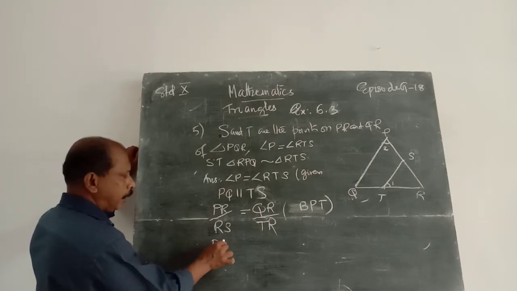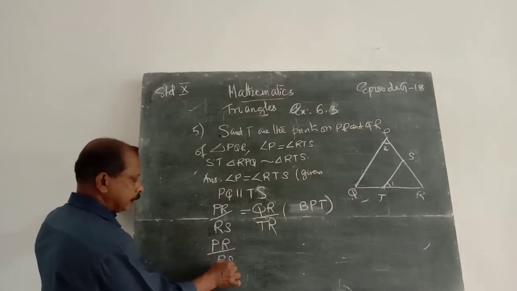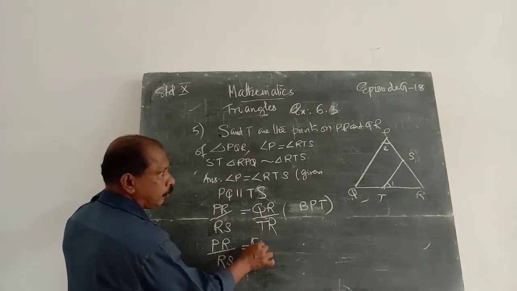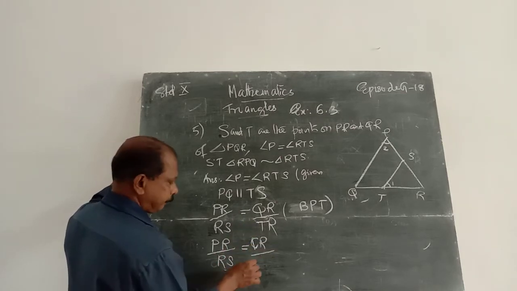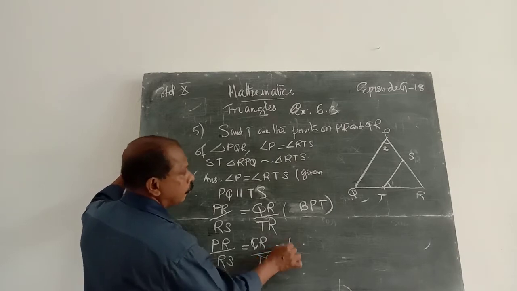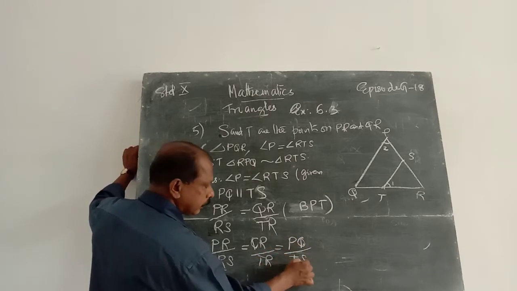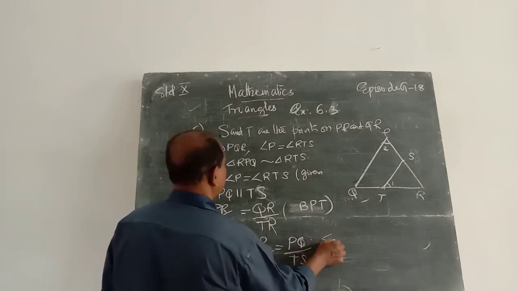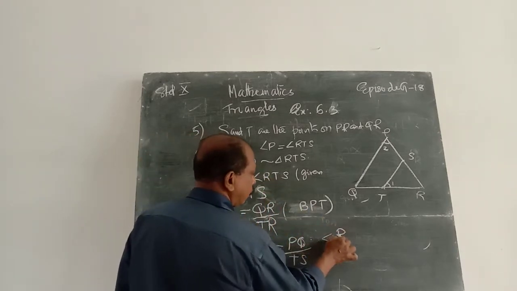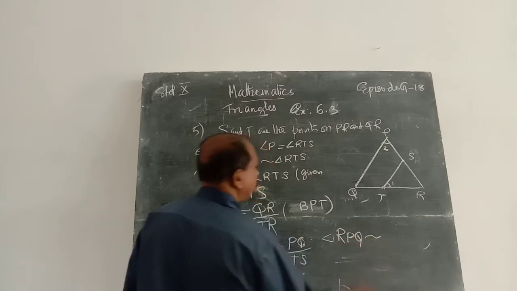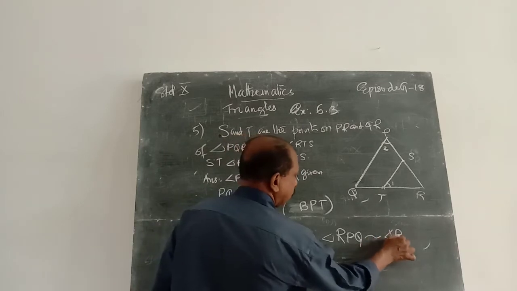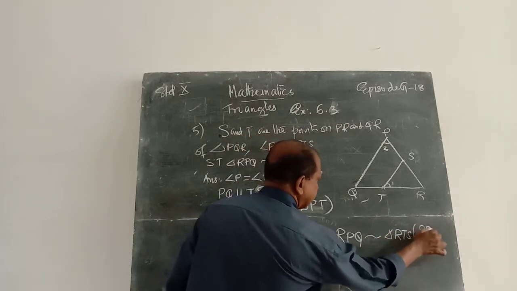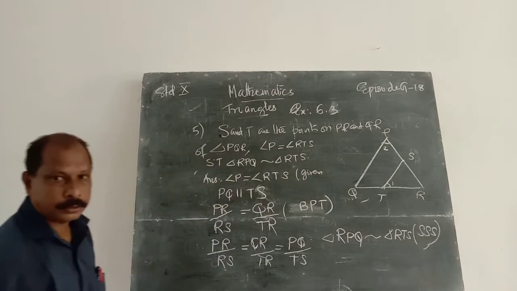Therefore, PR by RS is equal to QR by TR is equal to PQ by TS. Therefore, triangle RPQ is similar to triangle RTS. That is the SSS criteria for similarity.